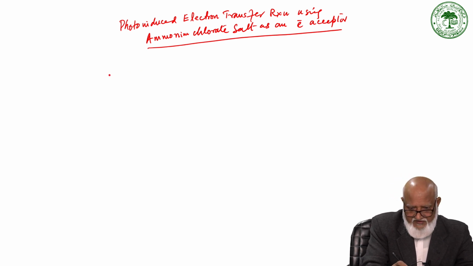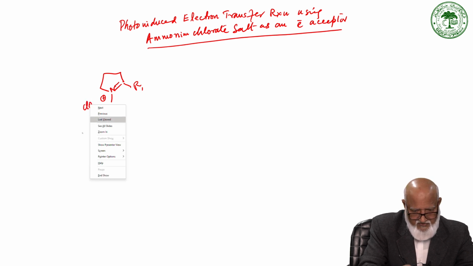So if we have an ammonium salt like this, N plus, you have R1 and R2, with ClO4 minus.